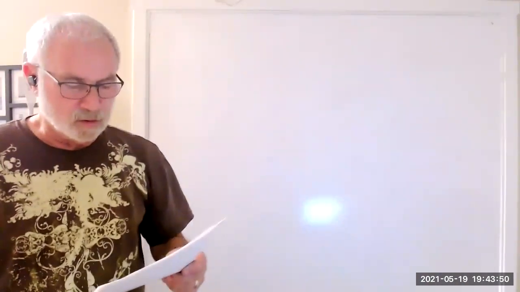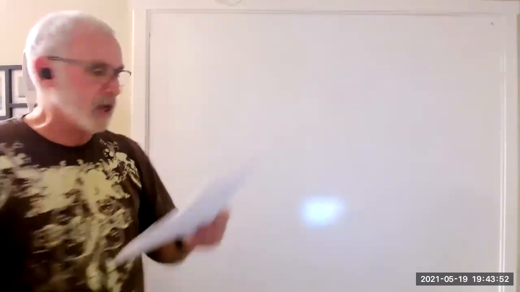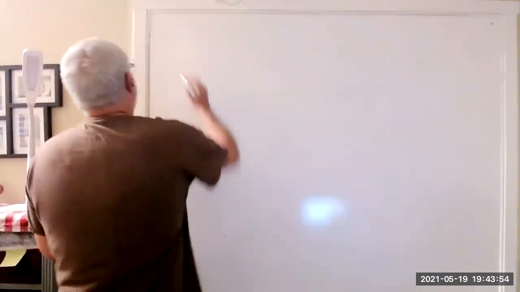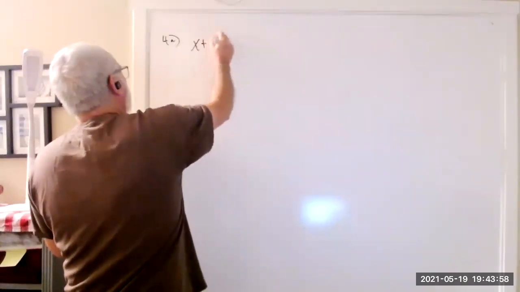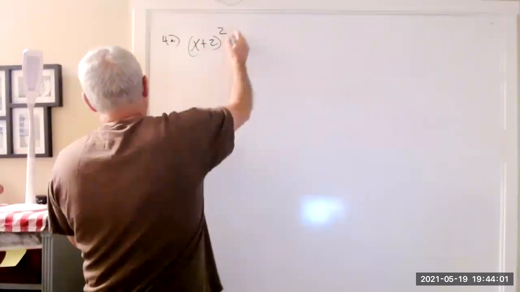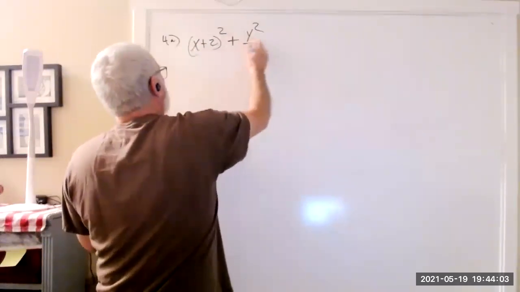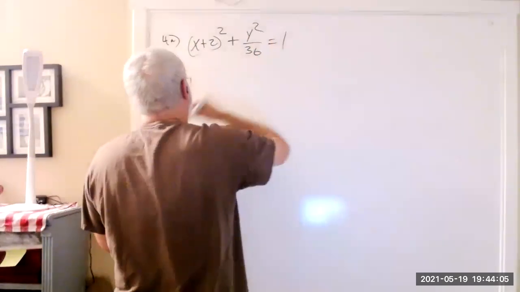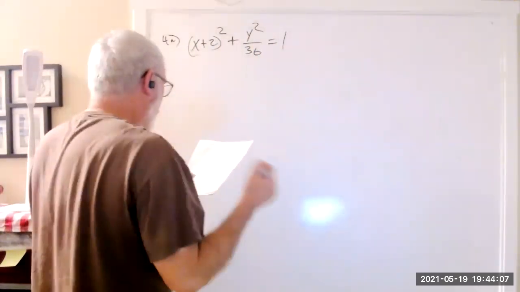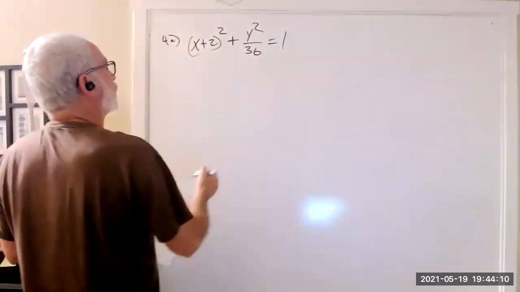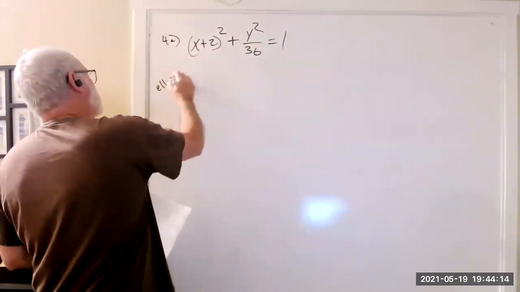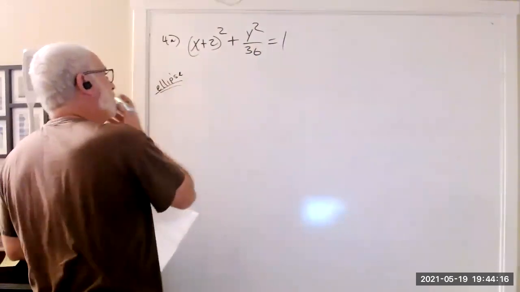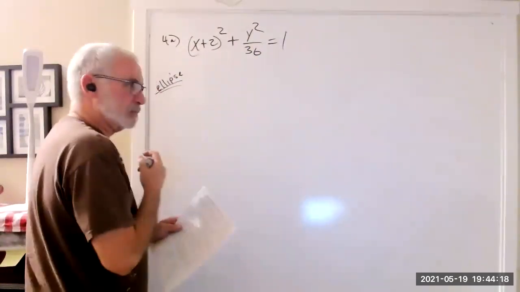So, Carmen, anyone in particular? Sorry, 4A. Okay. 4A, we have (x plus 2) squared plus y squared over 36 equals 1. A couple things before we get started. It looks to me like an ellipse, but it's missing some pieces.